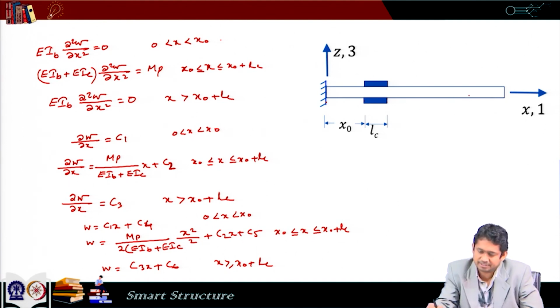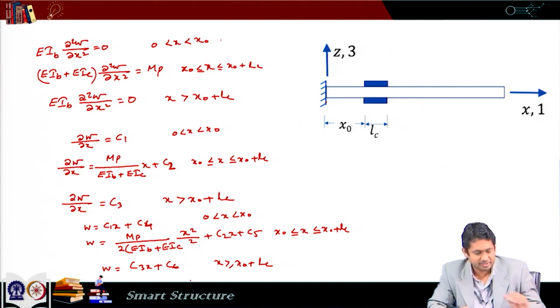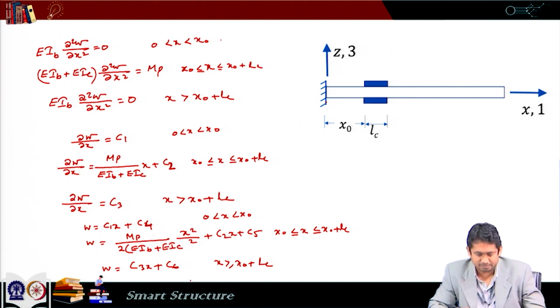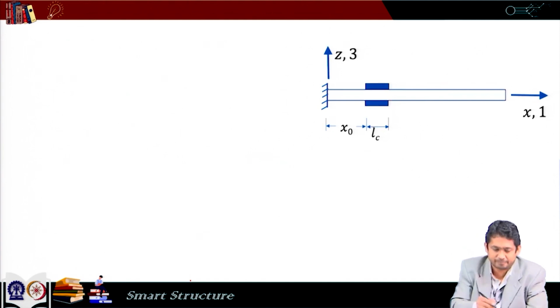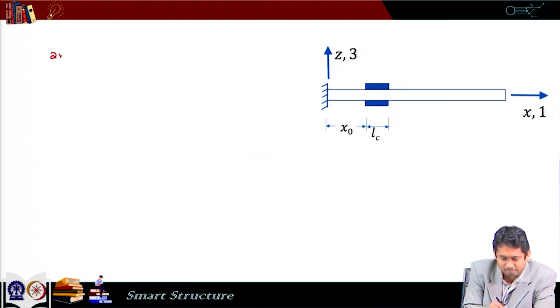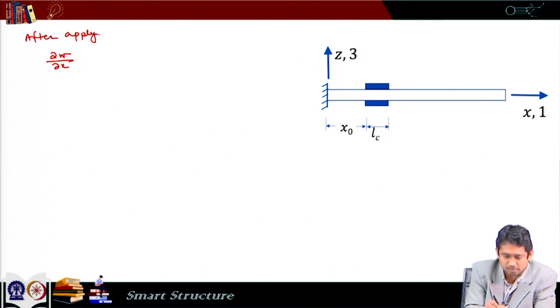So after we satisfy these 6 equations, these 6 unknowns are determined, and the solution that we get is this. So del W by del x we can write after applying the boundary and continuity conditions.